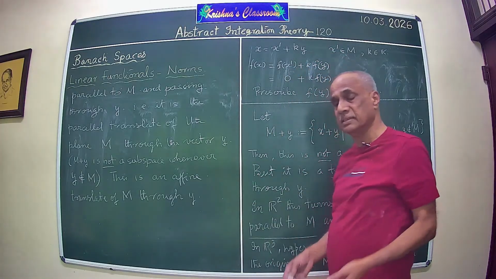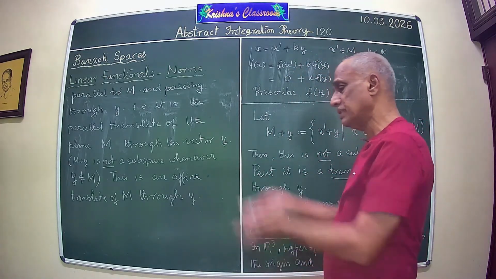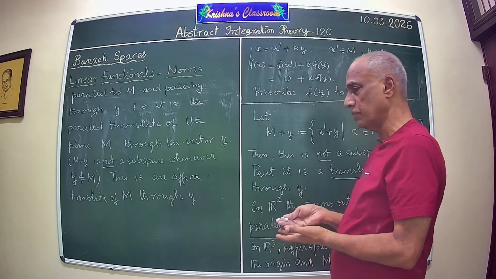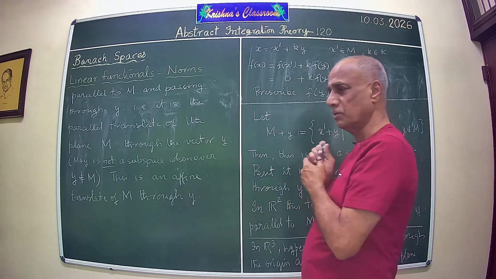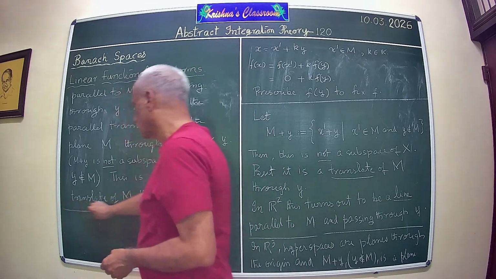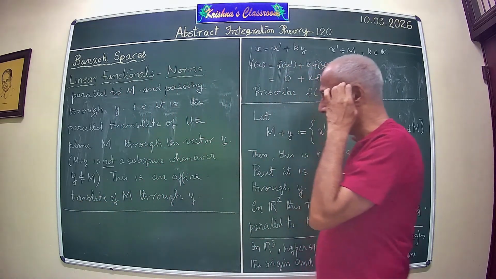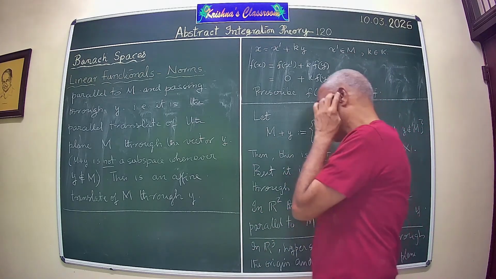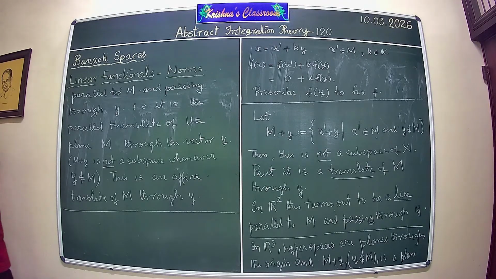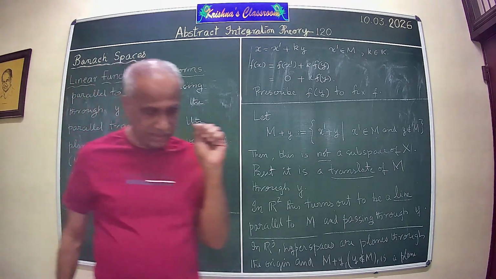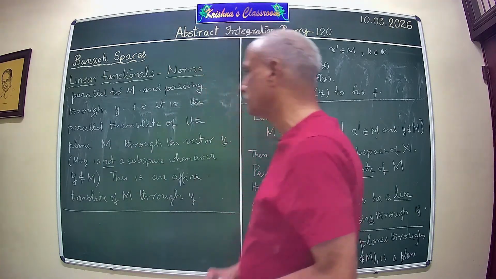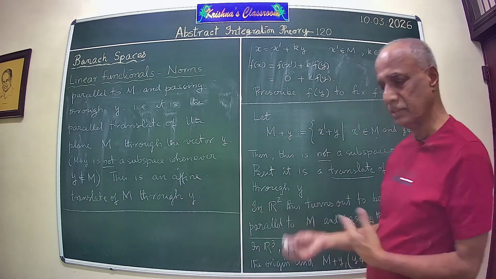M plus y is nothing but a translate of the n minus 1 dimensional subspace through the vector. So that is the geometry of the problem. So every element of M plus y is a vector in M plus the vector y. Okay, so that's the picture that we have.